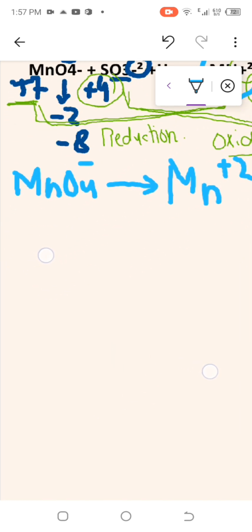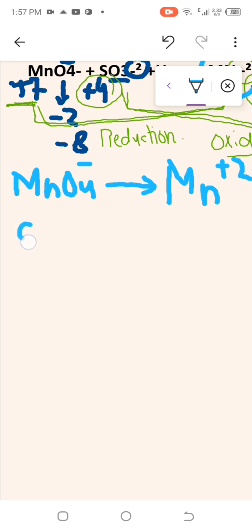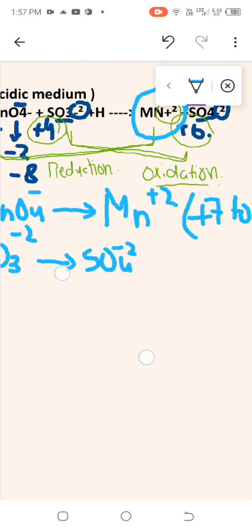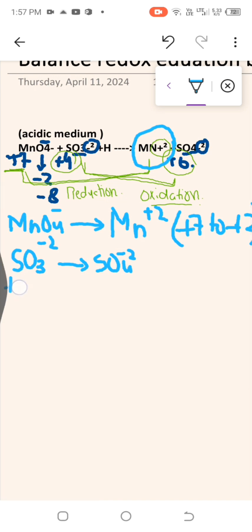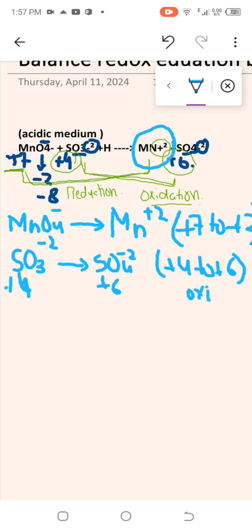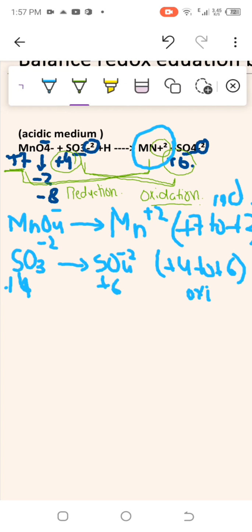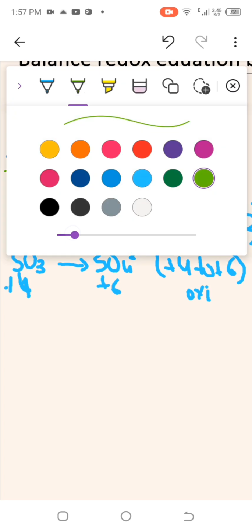Separate the oxidation and reduction. Like this, we have MnO4 negative going to Mn +2. Here the reduction takes place, from +7 to +2. Same here we have sulfur: oxidation takes place from +4 to +6, and here reduction takes place. So this is how our first step is done. We separate the oxidation and reduction by the half reaction.